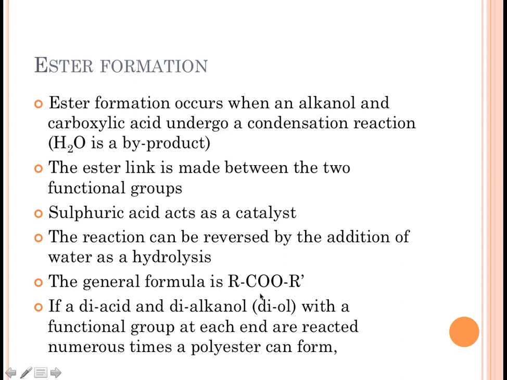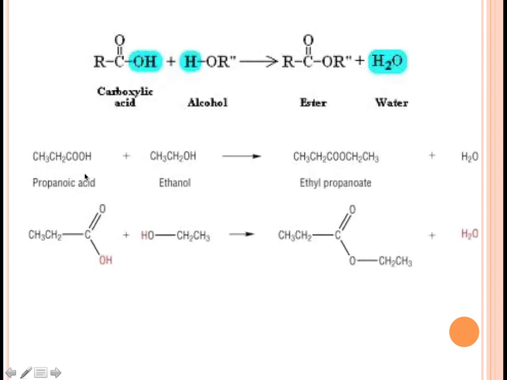Okay. We're going to make our ester functional group, which is the carbon double bonded to one oxygen and then bonded to another oxygen with a carbon chain on both sides, which remember is what these R's are.